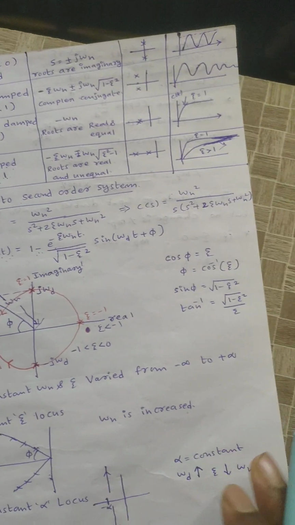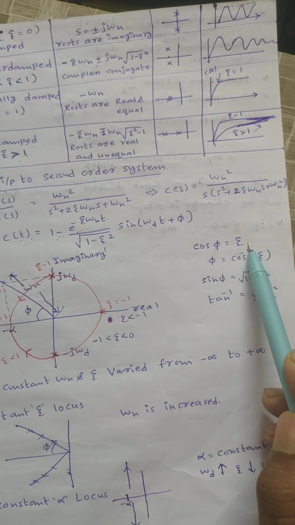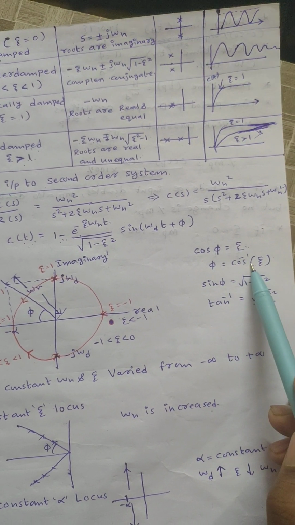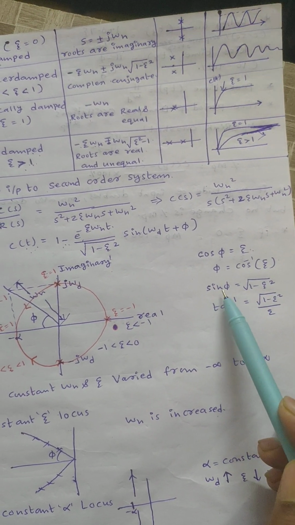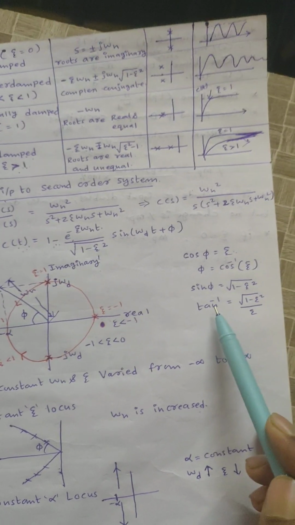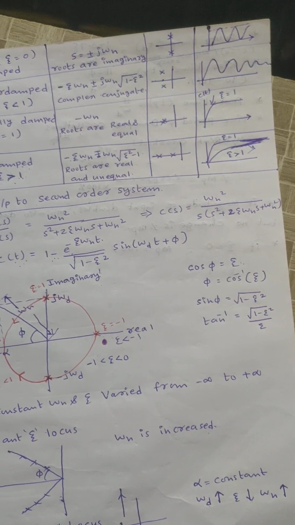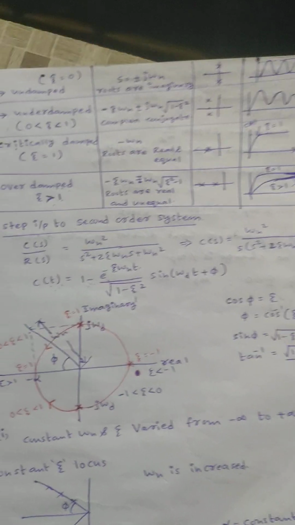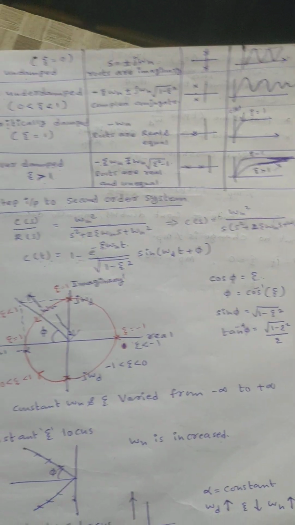Here cos phi is equal to zeta, so phi is equal to cos inverse zeta. Then sin phi is equal to under root 1 minus zeta square, and tan phi is under root 1 minus zeta square divided by zeta.